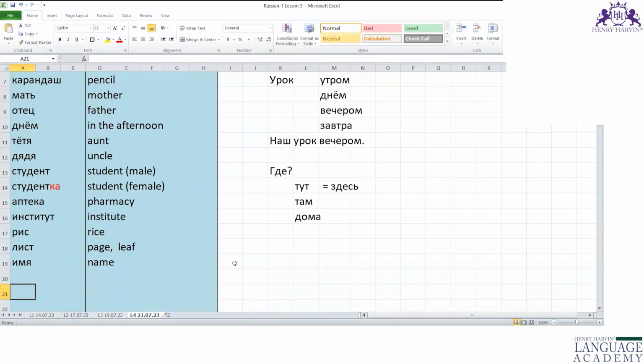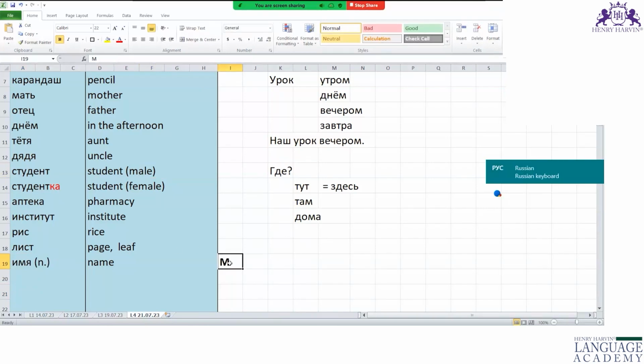Or you can make the phrase, for example, мое имя Татьяна. Имя ends in ya, but it is an exception that it is neuter. So please write here. We don't have many exceptions, okay? Just write that имя is neuter, it is an exception.